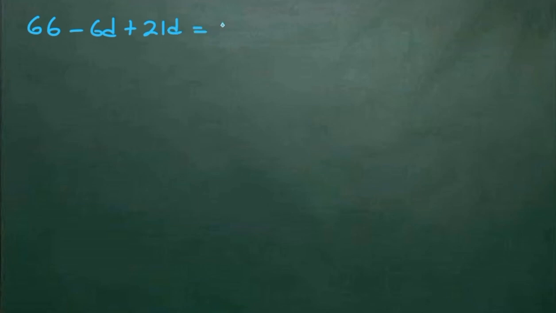So we have 66 minus 6d plus 21d equals 141. All right, breaking this down, minus 6d plus 21d will give us 15d. So this will give us 66 plus 15d equals 141.